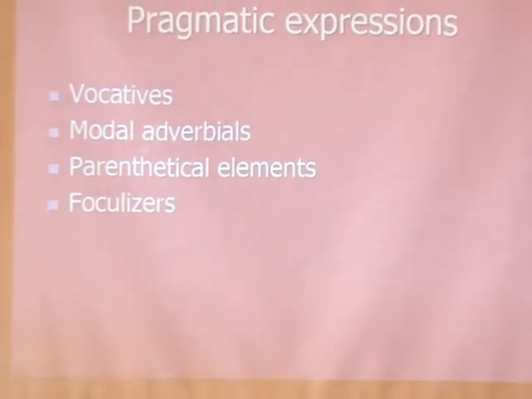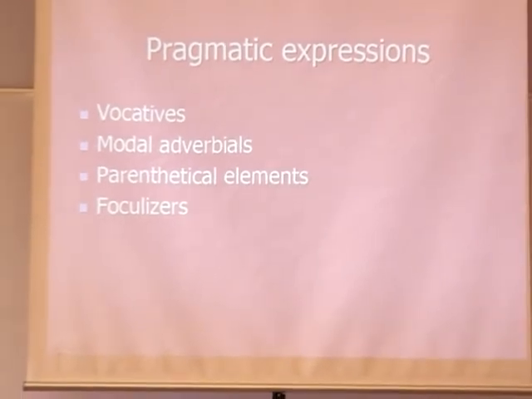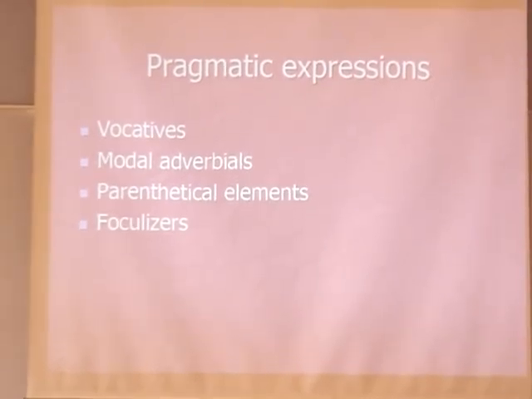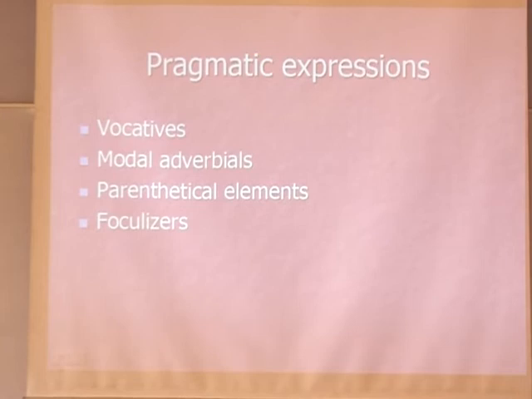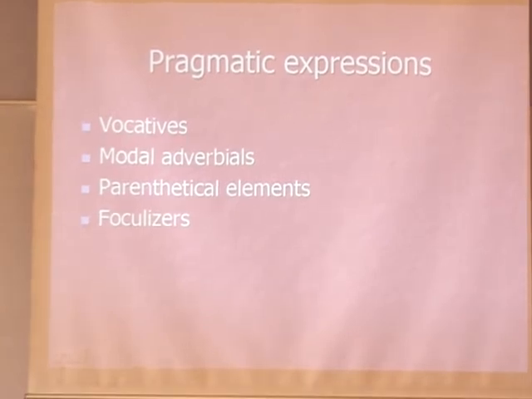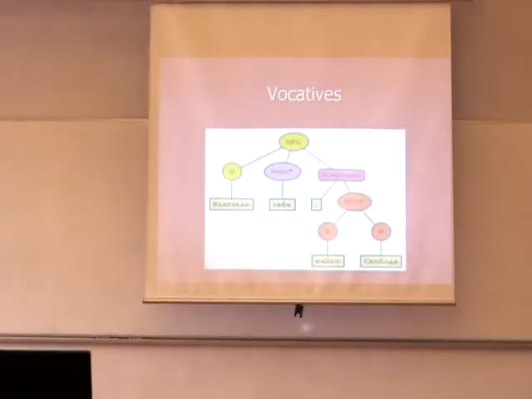Okay, we go to the pragmatic expressions. Here we meant the following: vocatives, modal adverbials, parenthetical elements, and focalizers. Everything that in one way or another expresses the attitude of the speaker. Okay, some example with vocative.